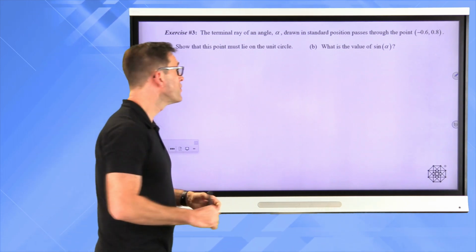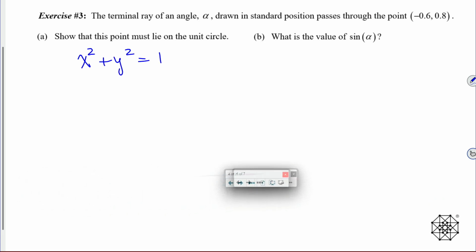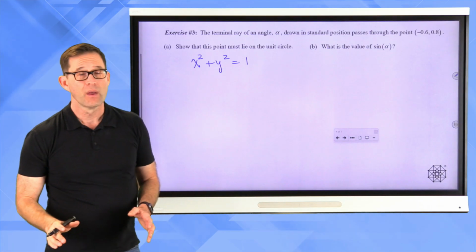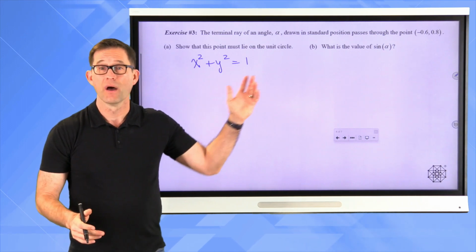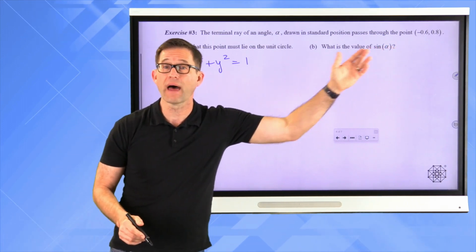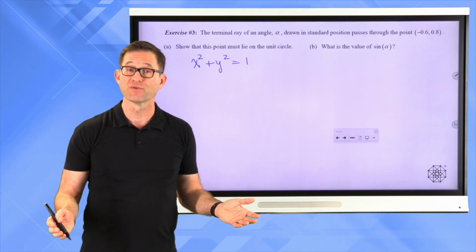All right? So the equation of the unit circle is x squared plus y squared is equal to 1. That's the equation of the unit circle. So if I want to prove that any given point falls on this equation, I have to show that when I substitute that coordinate point into this equation, I get essentially 1 equals 1.